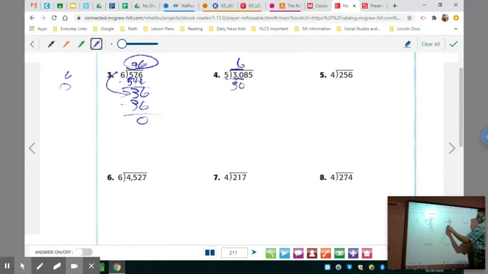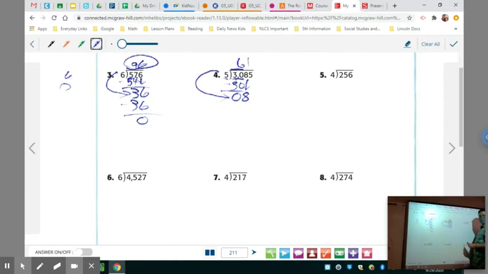Now what? What do you get? Nothing. Now what? Next one's this one, 8. It's small. Now what? Good job, 5 goes into 8. How many times? Once. Now what?